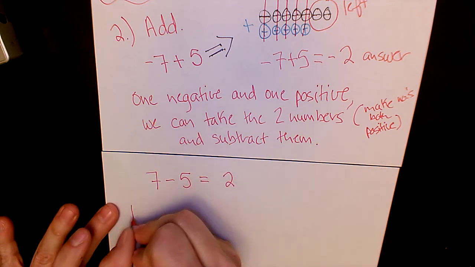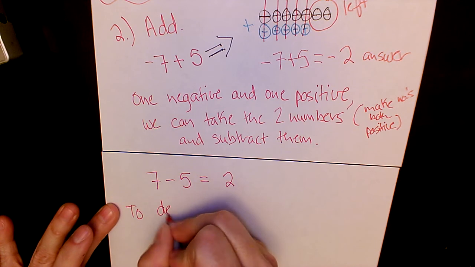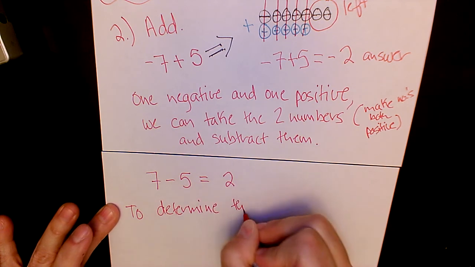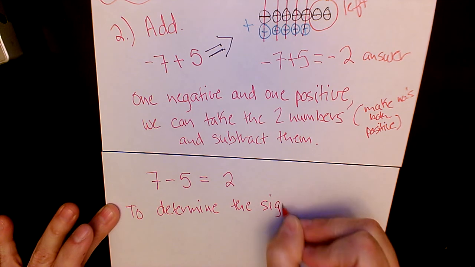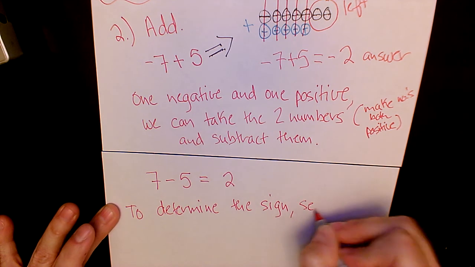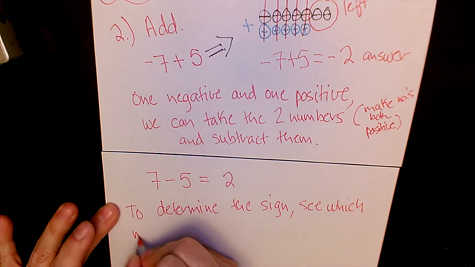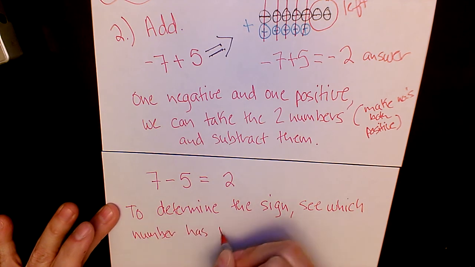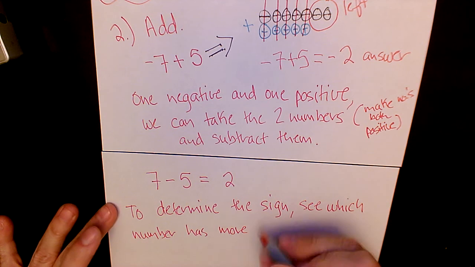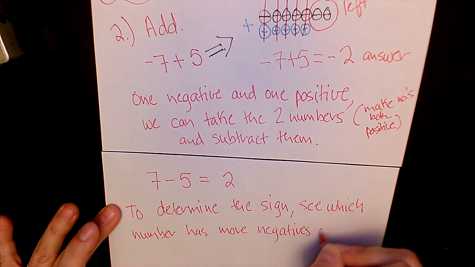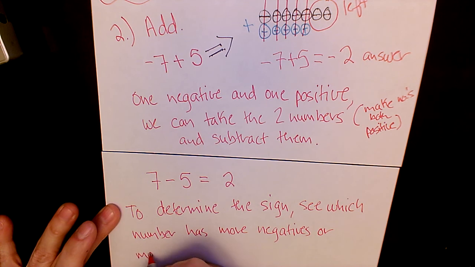To determine the sign that goes in front of the number, see which number has more negatives or more positives.